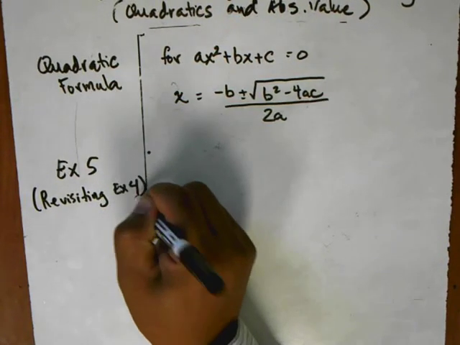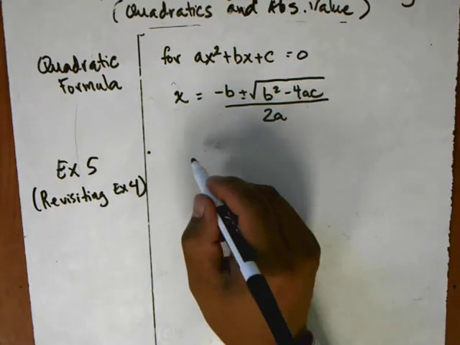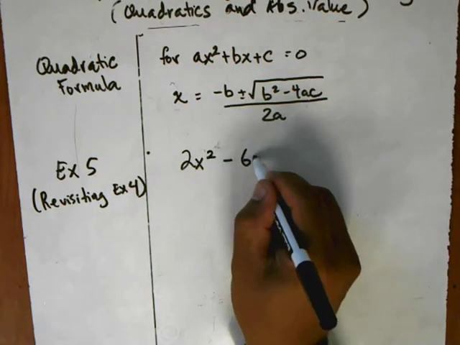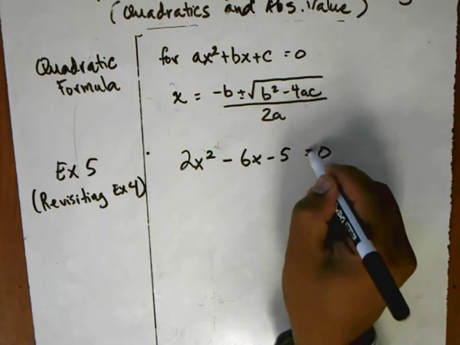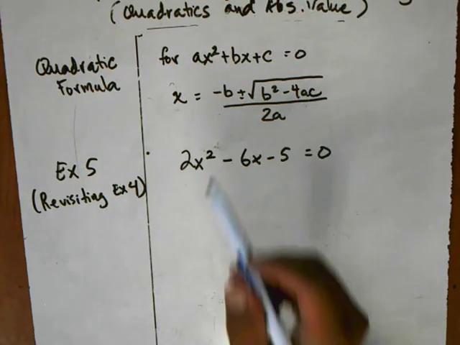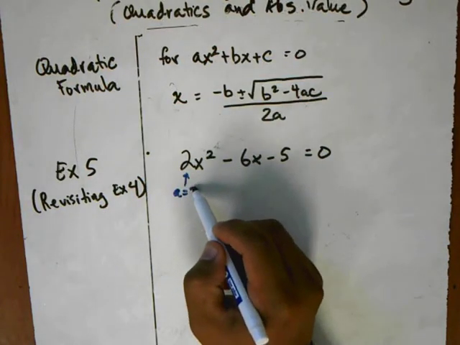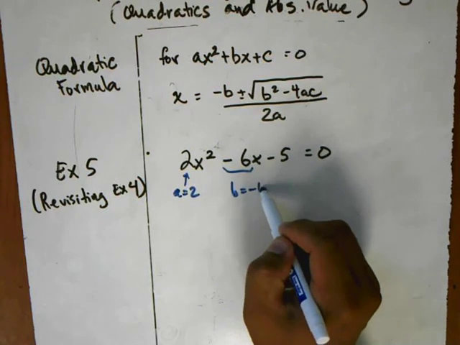So let's take a look at example 5, which is revisiting example 4, where we have this equation 2x squared minus 6x minus 5 equals 0. So in this case, using the quadratic formula right here, we know that a is equal to 2, b is equal to negative 6.